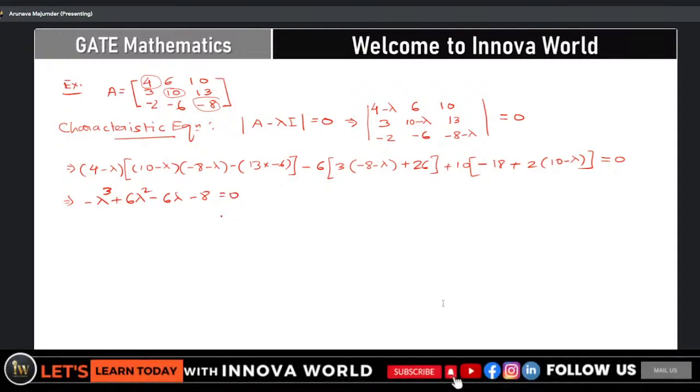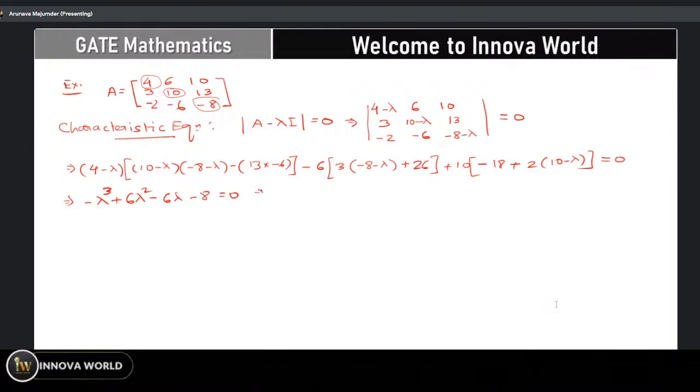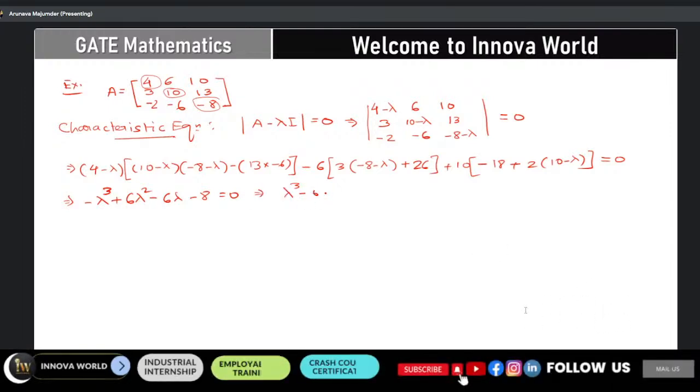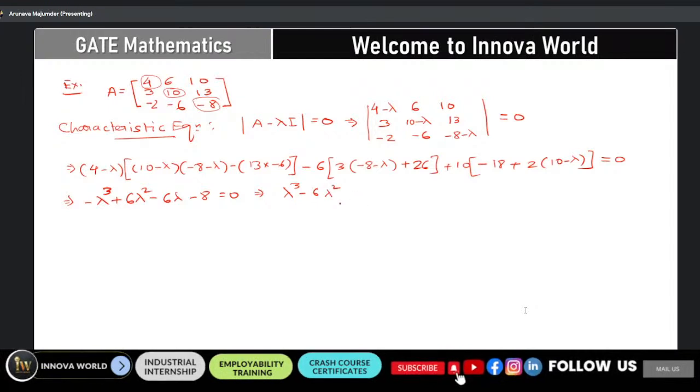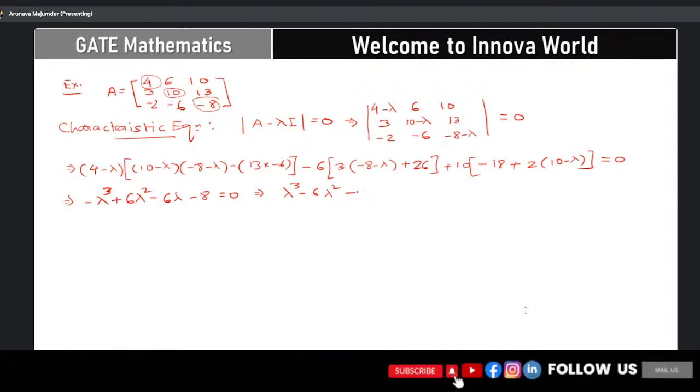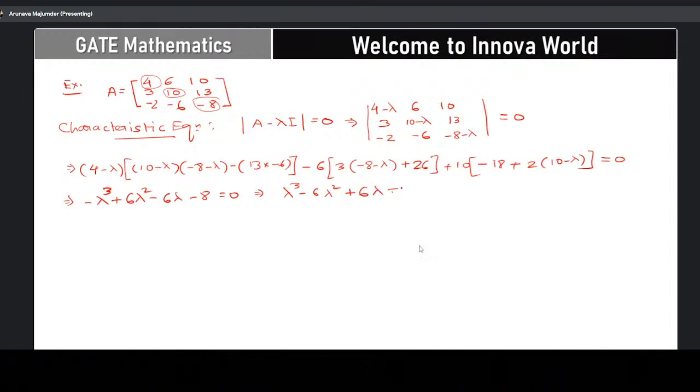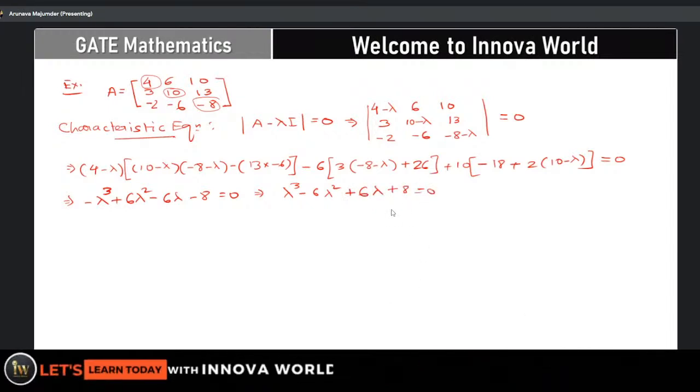We can write this equation as lambda cube minus 6 lambda square plus 6 lambda plus 8 is equal to 0.